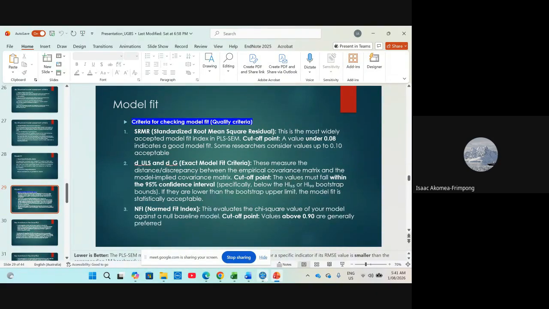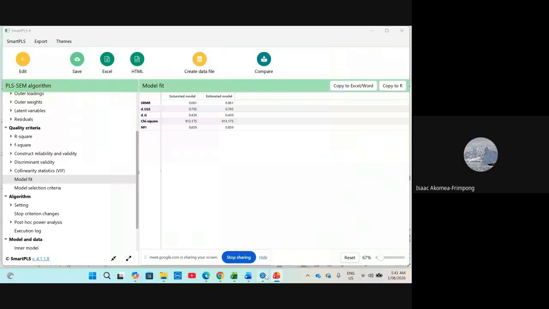Now let's go there and check whether we are good to go. Yeah, so this one, I think both of them are okay. They all fall within the 95% confidence interval, right? Just that our DG is too low, but the DULS is okay, closer to the 90%. So they are okay. You don't have any issues with it.